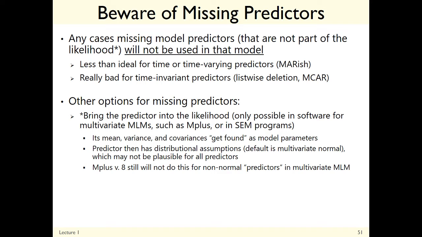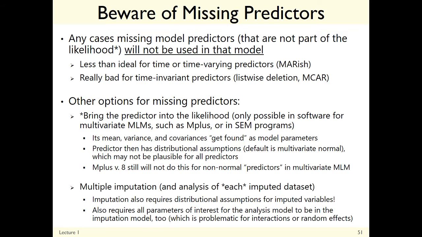If that's not the case, your other option is the world of imputation. So multiple imputation in particular, you would never ever want to do any kind of single value imputation. But multiple imputation also has distributional assumptions. Any variable that has missingness, you have to specify a distribution for in order for the algorithm to do the imputation. So that means that you'd have to pick a software package that allows you to have choices for that if you have non-normally distributed outcomes.